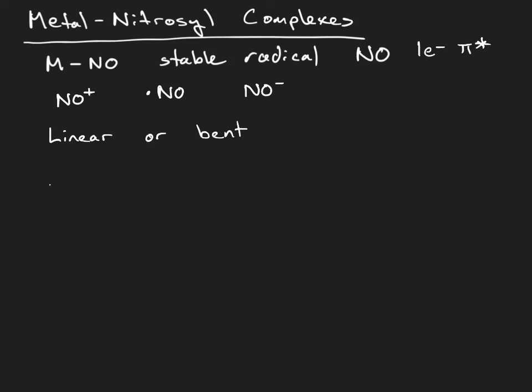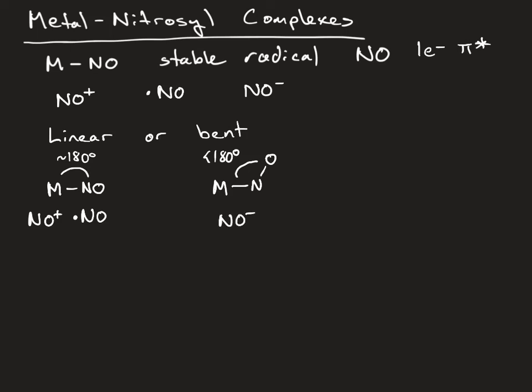So it can bind either like this or like that, where here the metal nitrogen oxygen bond is approaching 180 degrees, while here it's much less than 180 degrees. In the case of NO+ or NO dot, it can bind in a linear fashion, while in the case of NO-, it can bind in a bent fashion.